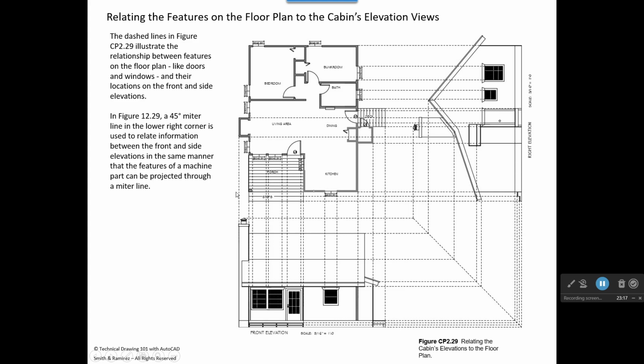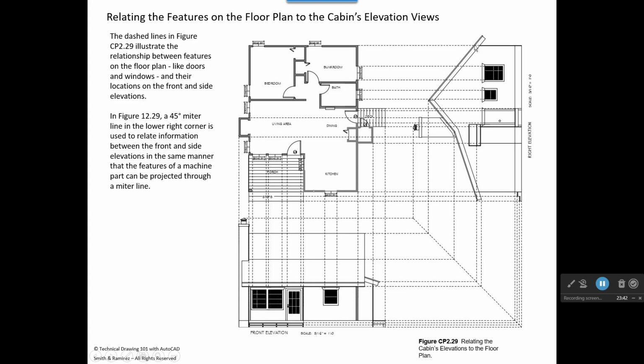We can project from the side of the chimney down to find where it's going to be here. On the side view, we can project those windows over to our elevation. We can project the location of the door, and we can also project where that water heater closet is. If we put a 45-degree miter line in here, we could actually project across and over, or over and up.